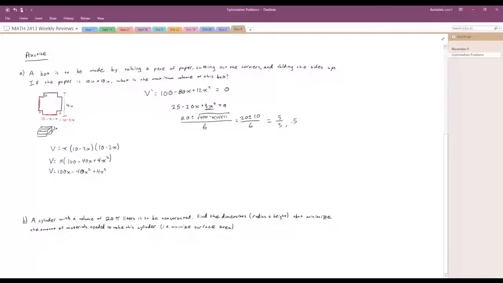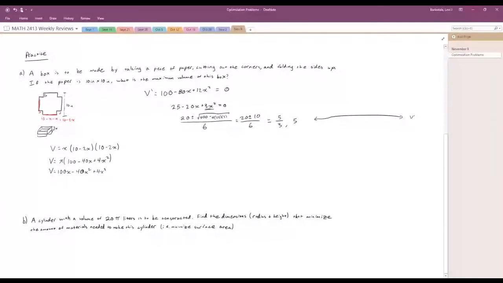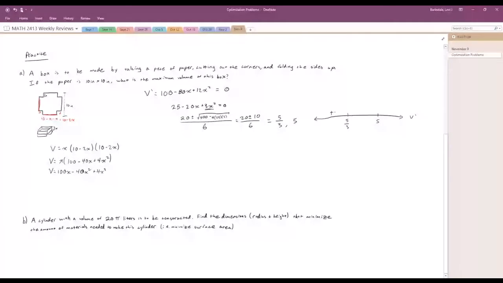Now in this case, I do want to know which one is a maximum and which one is a minimum. So again, I'm going to make a number line. When I plug in 0 into my derivative, I would get 100, so that's positive. When I plug in something in between 5/3 and 5, let's say 2, then I would get 100 minus 160 plus 12 times 4 is 48.